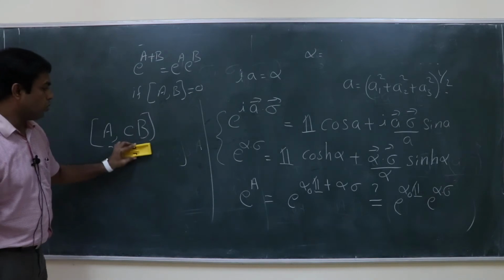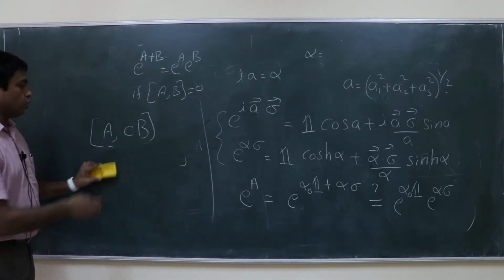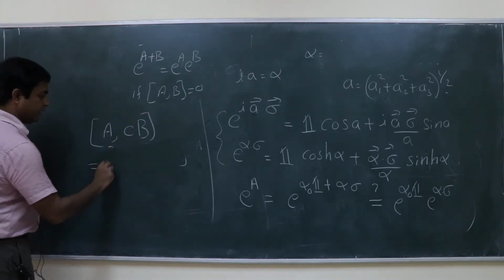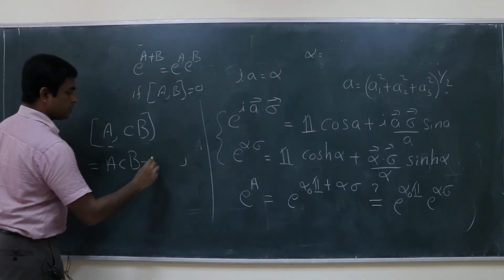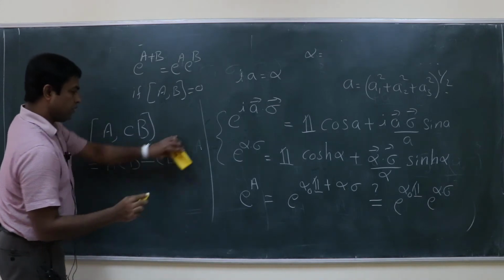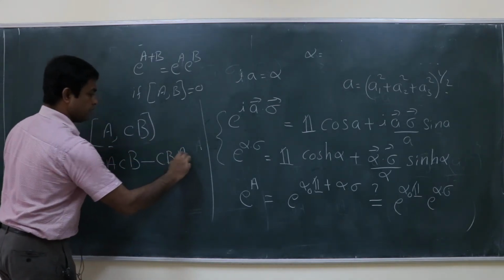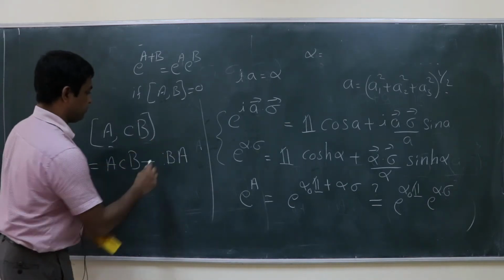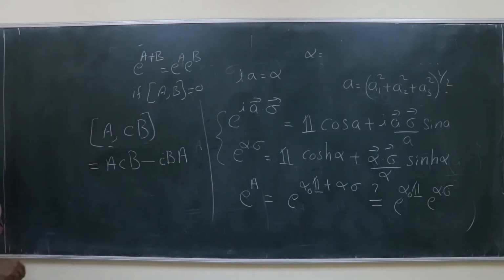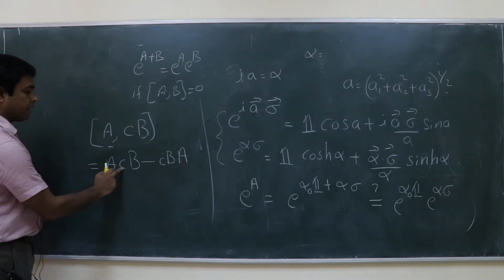It is true. Why? Because what is this equal to? This is equal to A C B minus C B A, right? So this is a number. C and A commute.